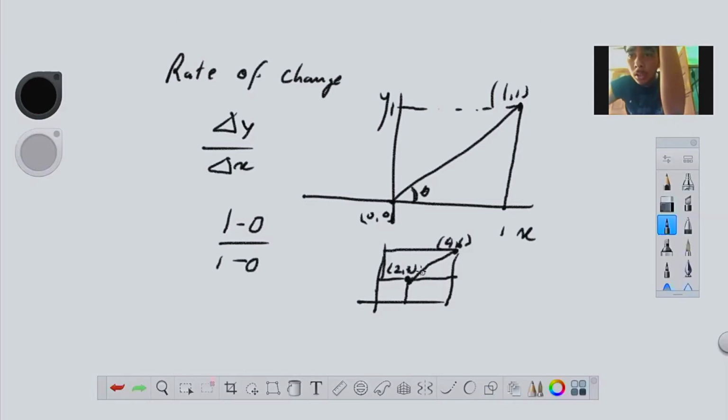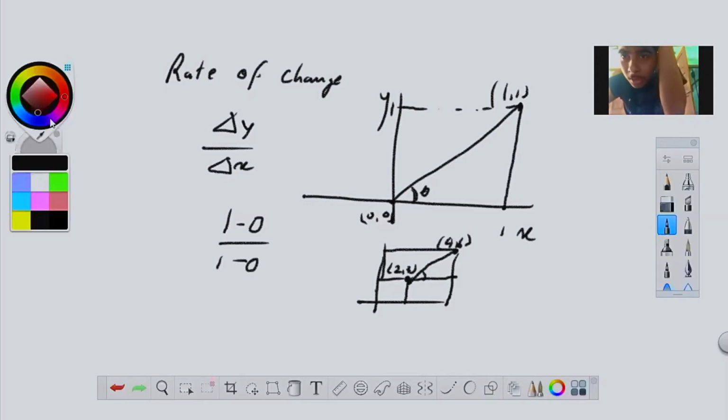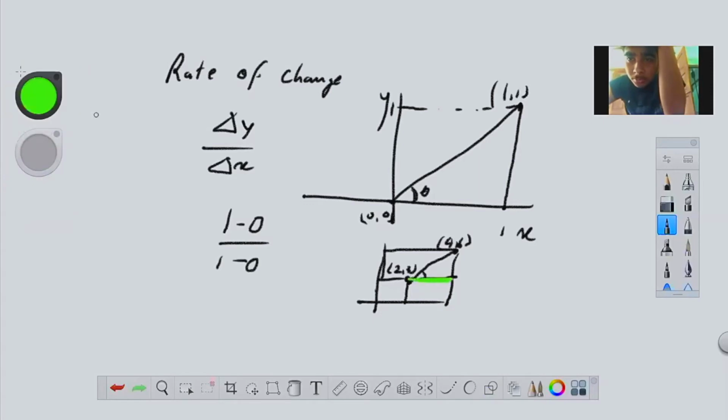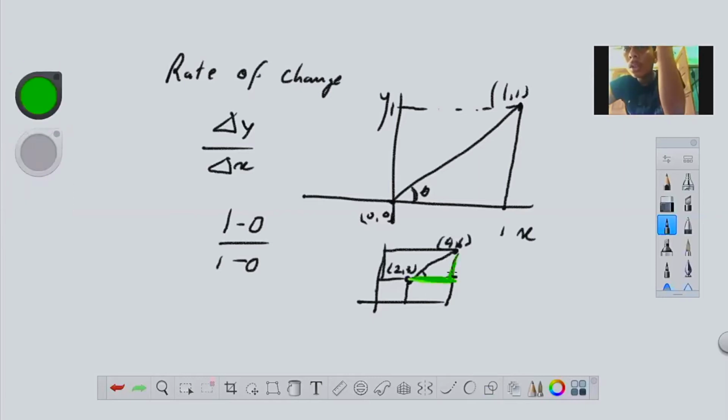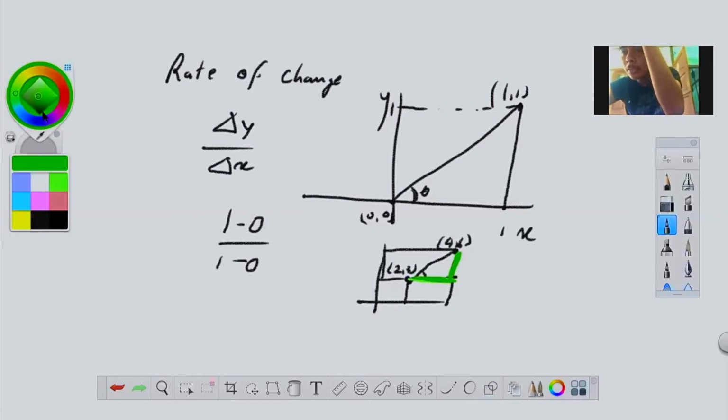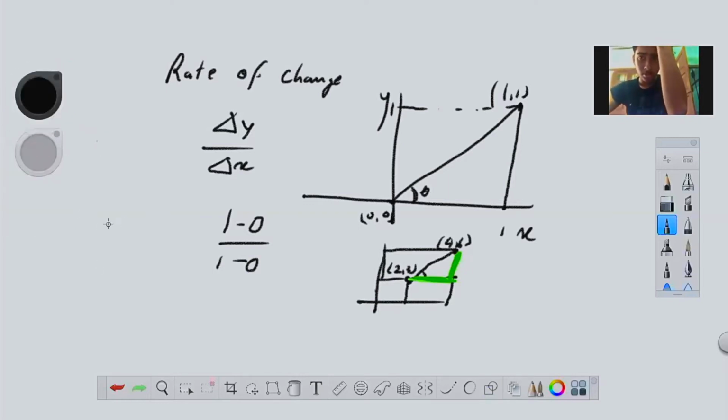Here the rate of change is... it's not going to be 2 by 3. So what do you take? Rate of change of y with respect to x.